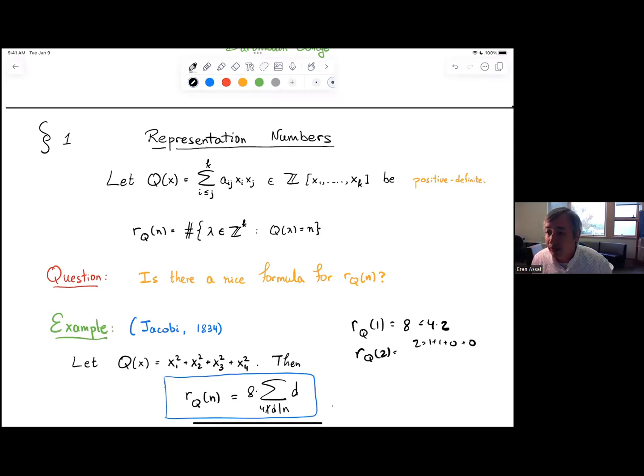So now we have 6 ways to choose the 2 places to put the 1s in, and we need to multiply it by 2 options for the sign for each of them. That's 24, which is 8 times 3. So the formula makes sense.